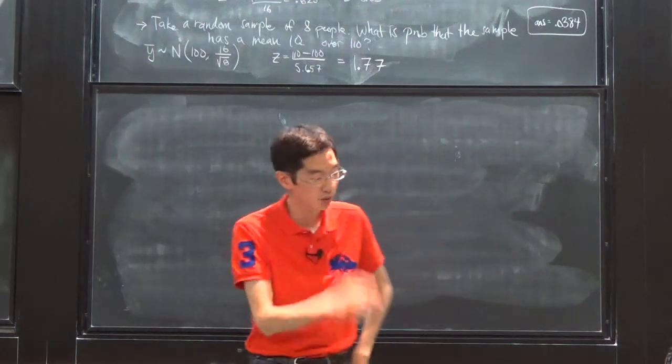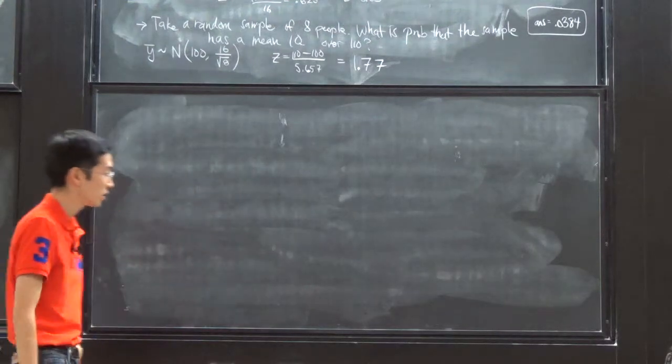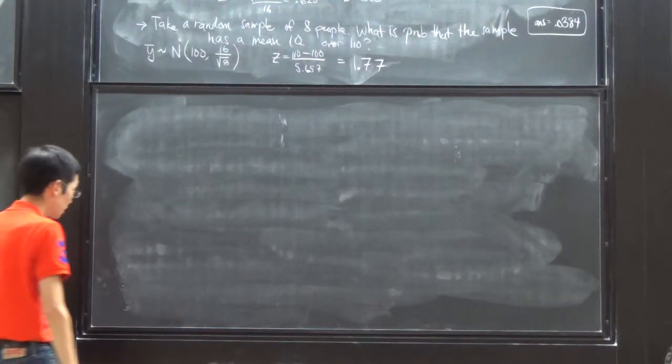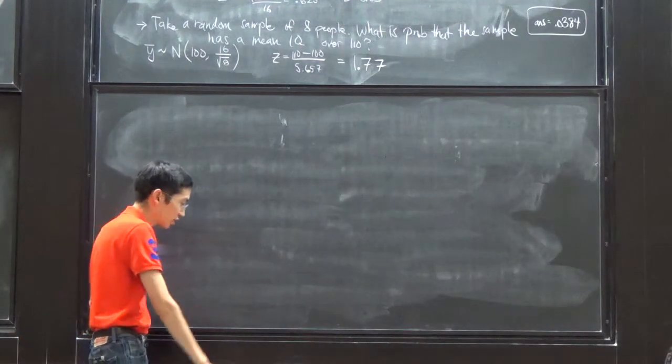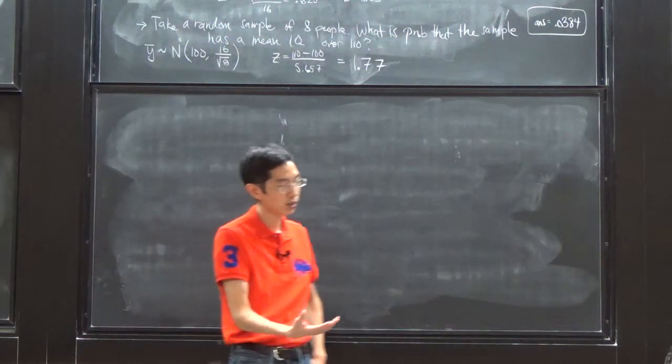Okay? So that's one thing we know from the central limit theorem. So we're going to apply that knowledge in our first case of inference.